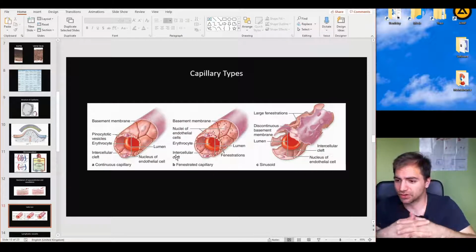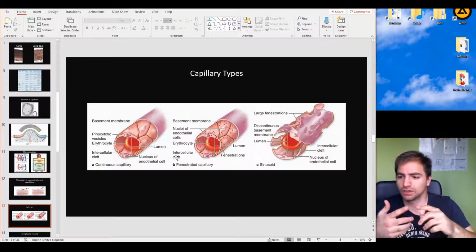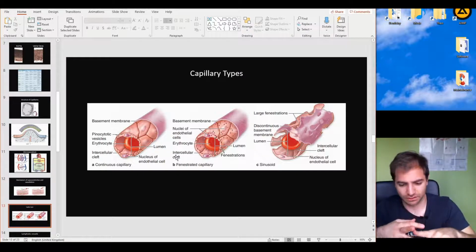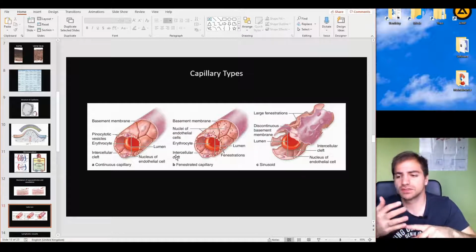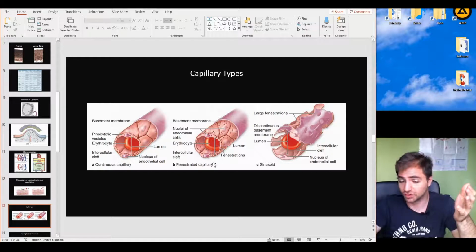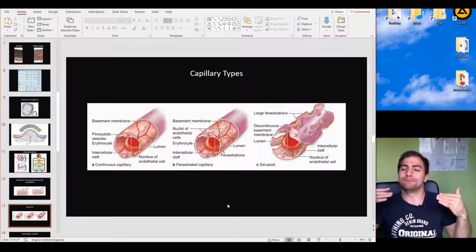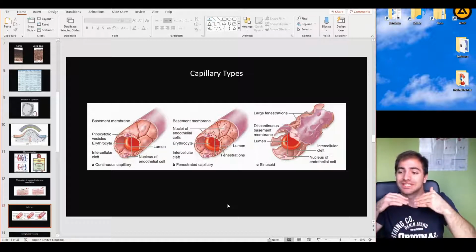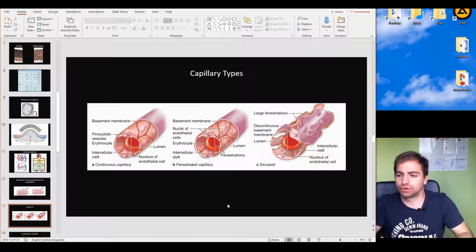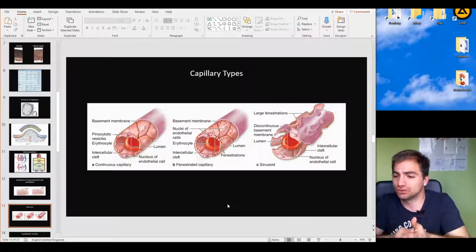In other organs where we need to exchange way more, even cells and way bigger molecules, proteins, and structures that will not normally pass through the fenestrations or the continuous capillary, in cases where we need the maximal exchange of big molecules, this is served by the sinusoid or discontinuous capillaries.